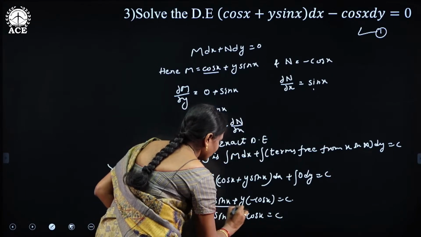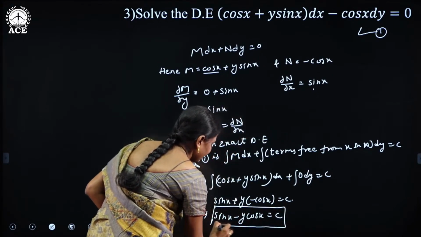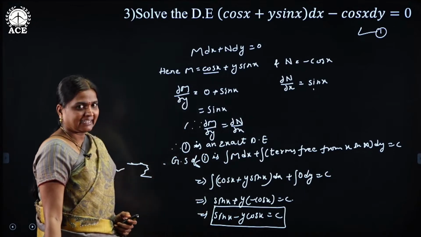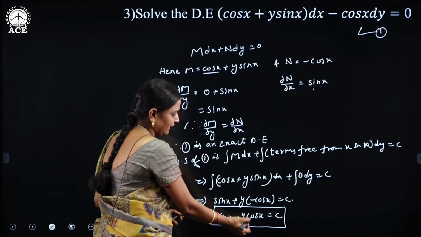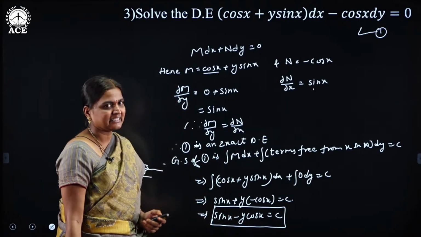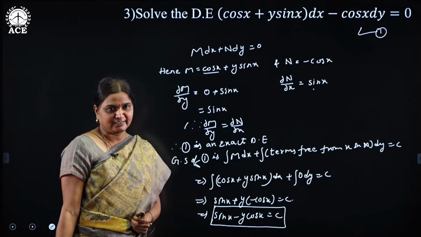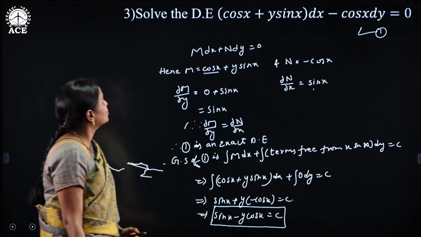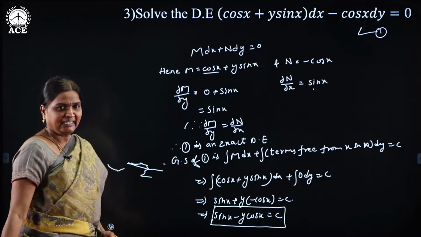So this is the required general solution of the given differential equation. At last, put your solution in a rectangular box that indicates it is the final answer. So this is the general solution of the given differential equation.